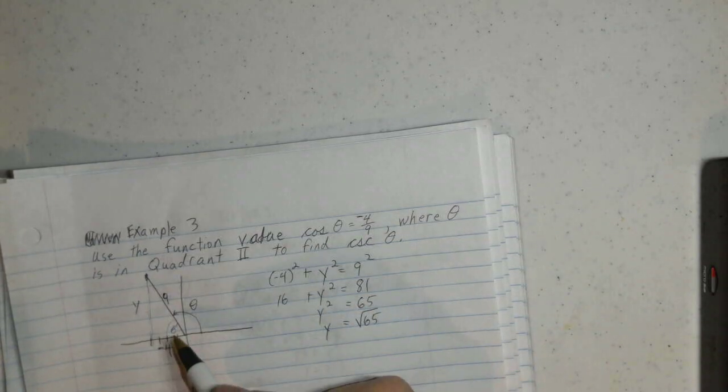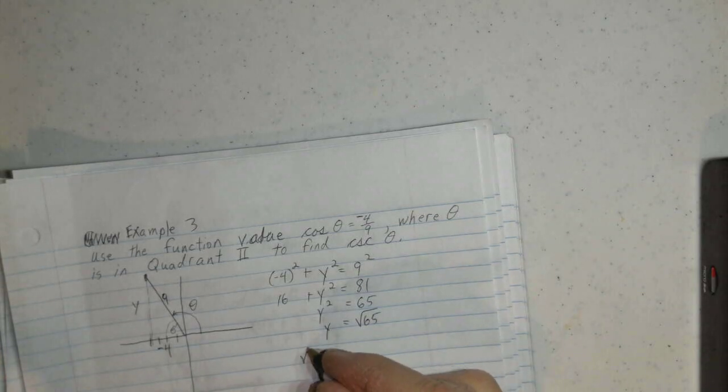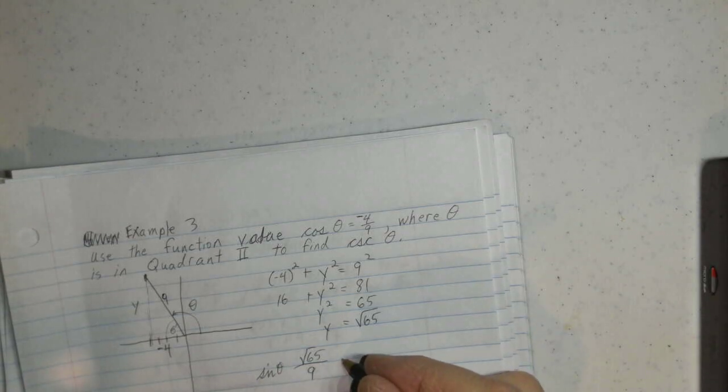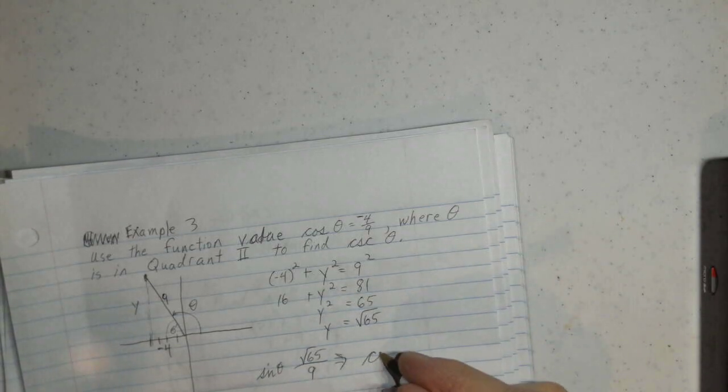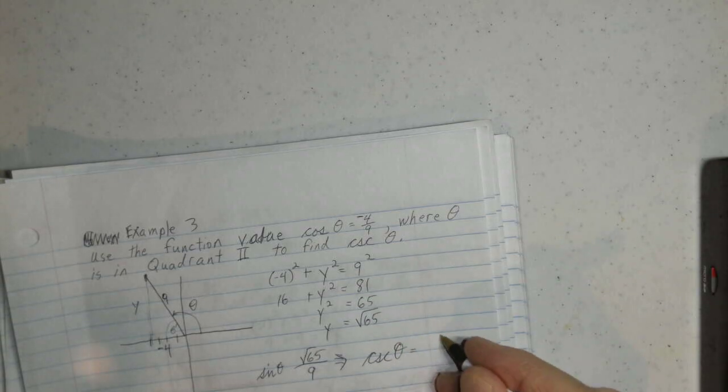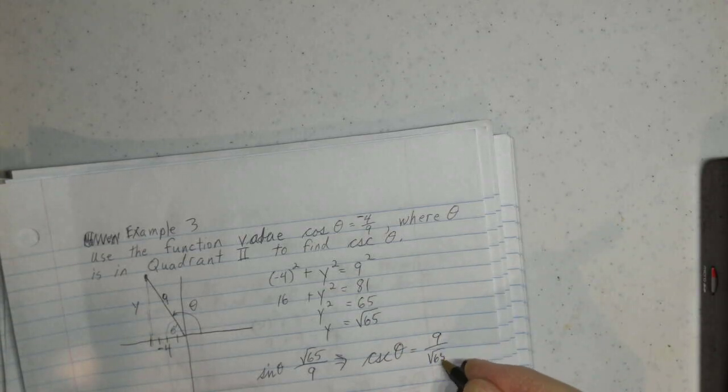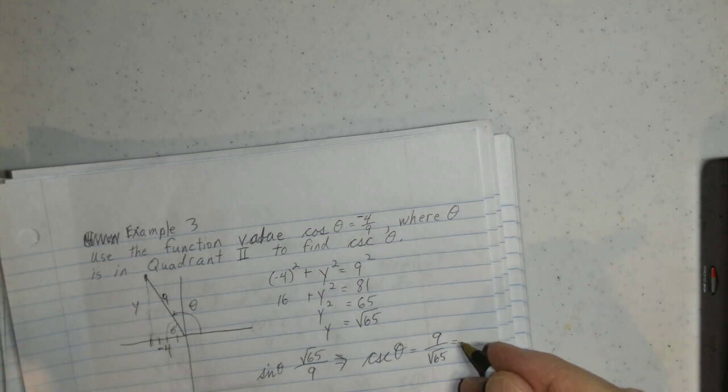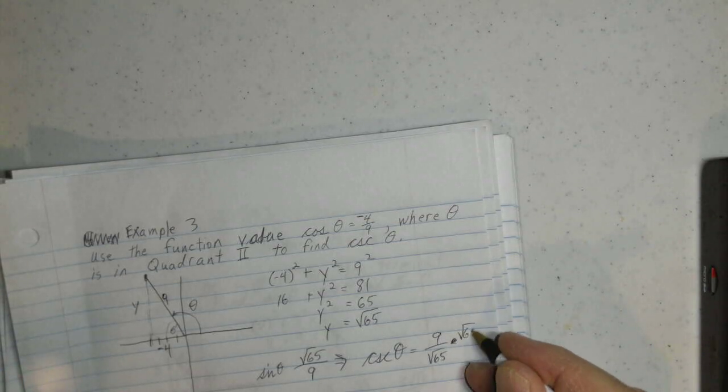The opposite over hypotenuse, so the square root of 65 over 9, that is the sine of theta, which is going to lead me to the cosecant of theta, which is 9 over the square root of 65, or let's multiply that by the square root of 65 over the square root of 65, and that'll give us 9 radical 65 over 65.